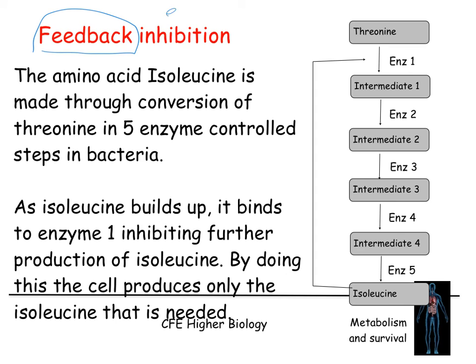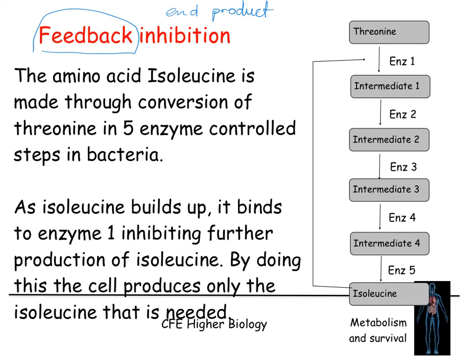And because we're talking about an end product doing that, we'll call it end product inhibition. And in this example here, the amino acid isoleucine is made through a conversion in a 5 enzyme controlled steps in a bacteria.